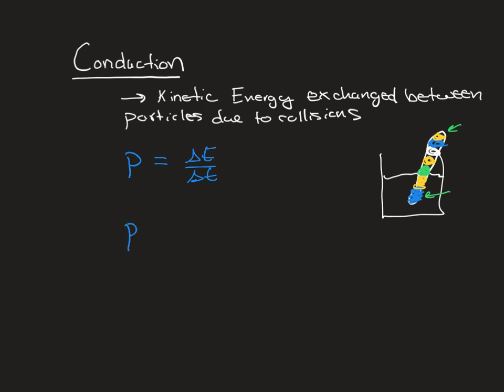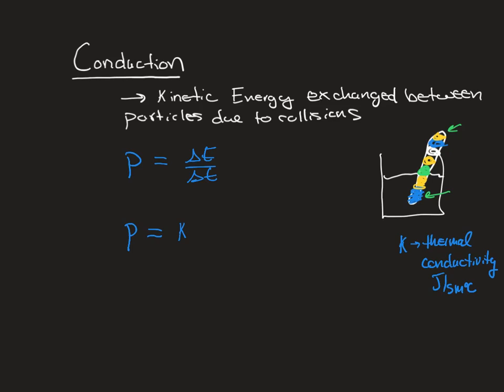And we're going to calculate that specifically for conduction using a lowercase k, and the lowercase k stands for the thermal conductivity. And thermal conductivity is going to be given in joules per second meters degrees Celsius. And this value depends upon the material that the energy is flowing through.